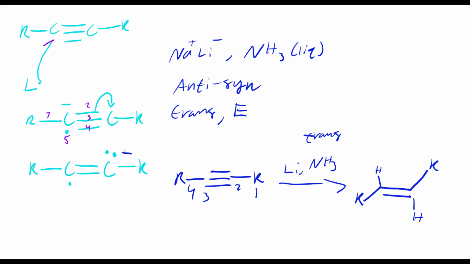Okay, so now here comes the fun part. The fun part is that we're going to be reacting with NH3. So since we're going to be reacting with NH3, let's draw it out. And let's do it in a different color.